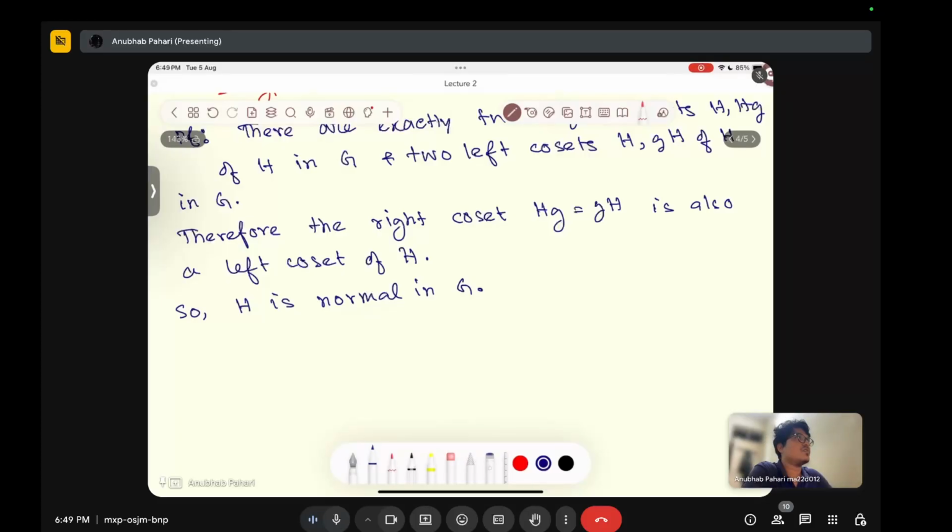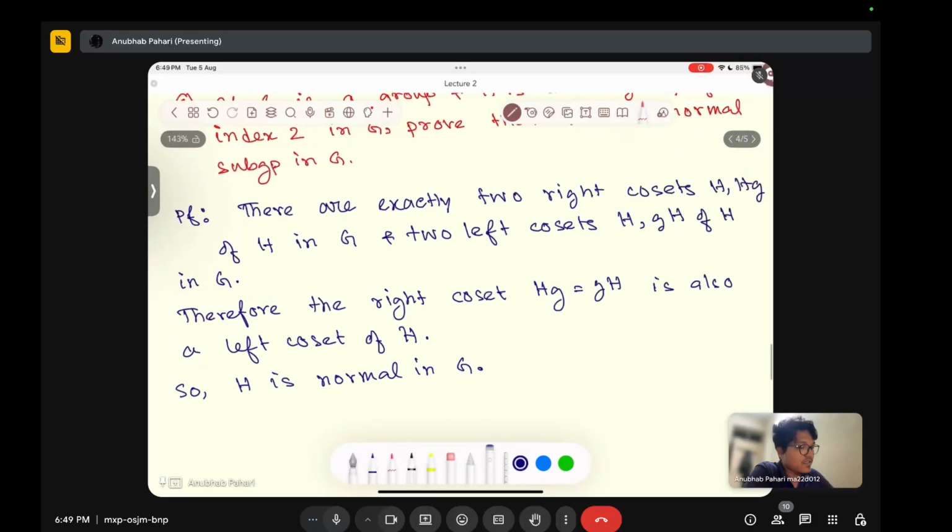Now we go to our next problem. Sir, why must this g be the same? You have written two right cosets H and Hg, and two left cosets H and gH.